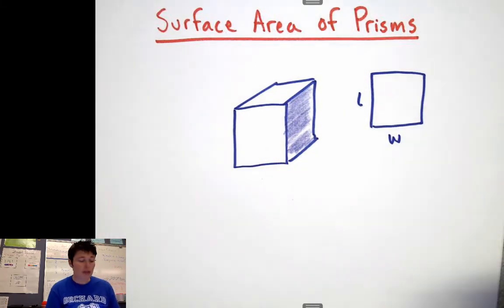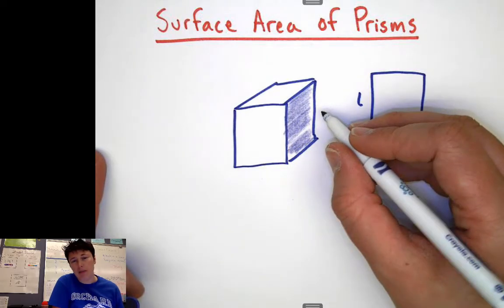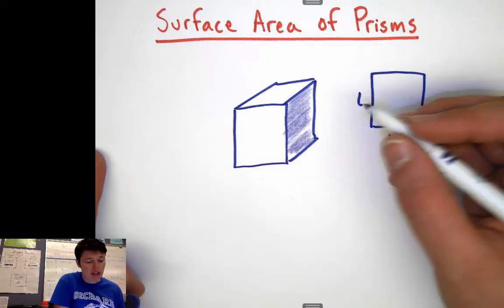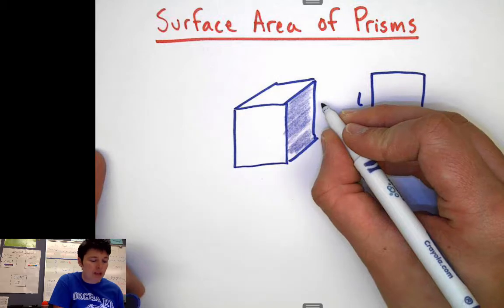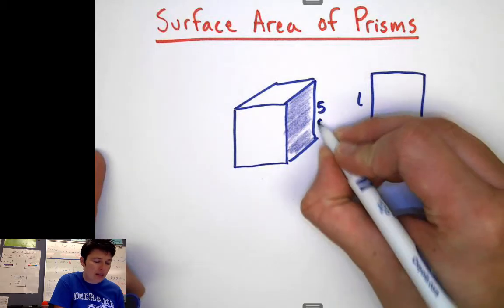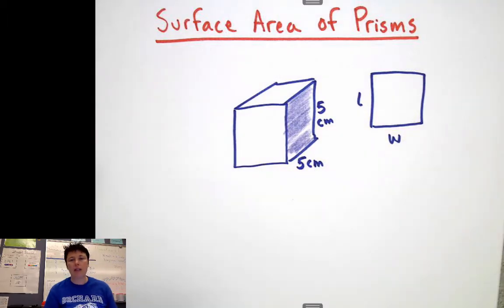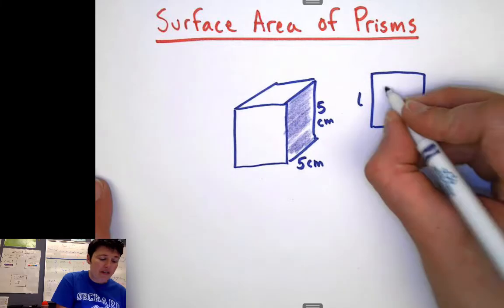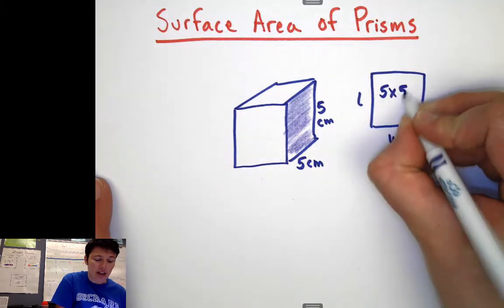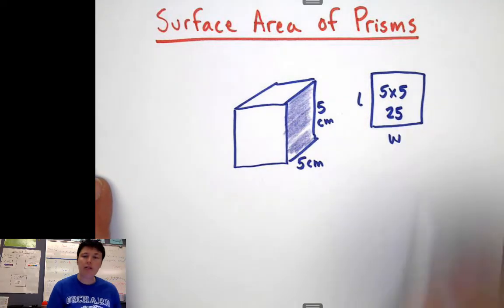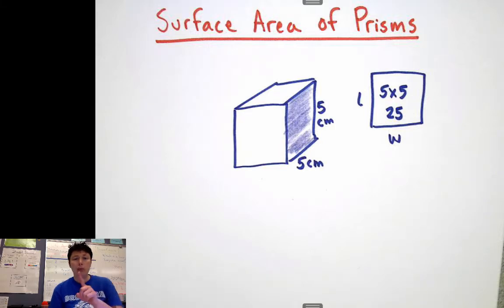So I would need some numbers. And if I told you that this was a perfect box, then you would know that the length and width would have to be the same thing. So let's imagine that it's 5 centimeters. That means the measurement on each of the edges is 5 centimeters. So it's a 5 by 5 square. And a 5 by 5 square has an area of 25 square units. That's one face on this whole entire prism.